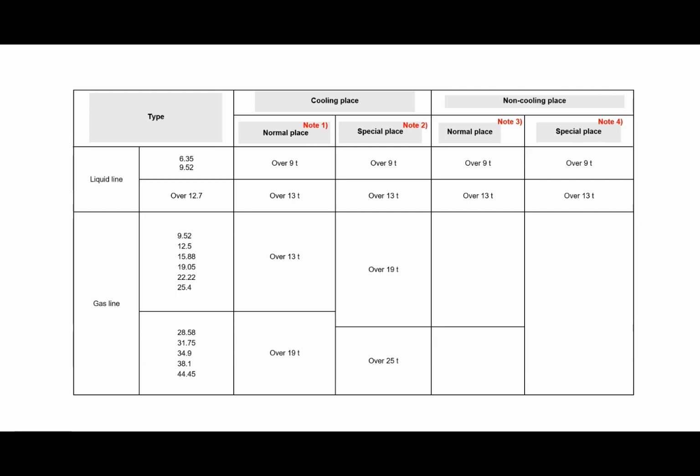And now we are going to see the non-cooling place. For the non-cooling place, the recommended thickness to use is over 19 millimeters for the gas line, pipe size 9.52 to 25.4, and over 25 millimeters for the gas pipeline, pipe size 28.58 to 44.45.